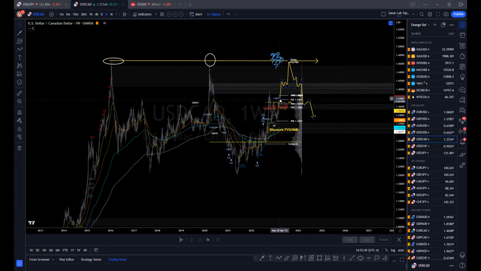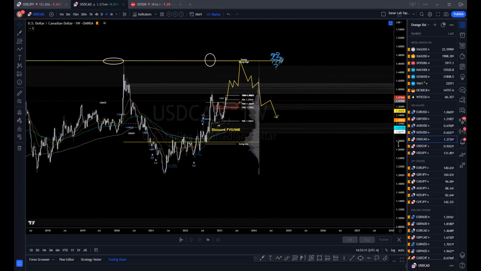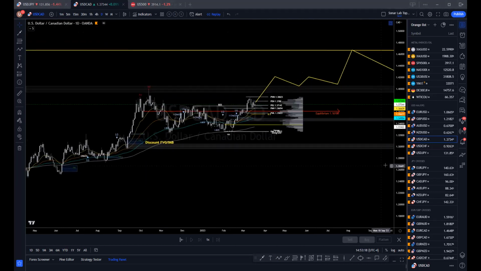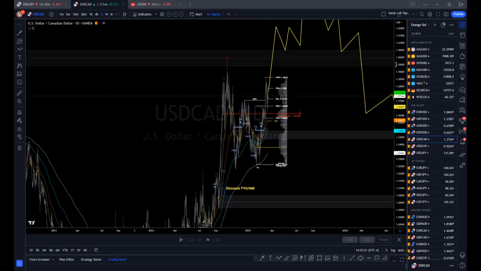What would need to happen for dollar CAD to push up? We would have to have some weak CAD news in combination with maybe strong dollar news. If we get strong CAD news with the expected CPI data coming up on Tuesday, we can see as early as Tuesday, possibly, what could happen with dollar CAD. And then finish off with what happens with the dollar come Wednesday.